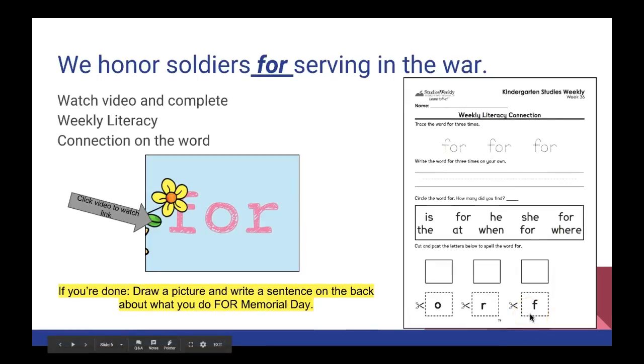Last on the front side, you're going to cut out the 3 squares, O, R, F, and put them in the correct order. If you are done, you can do an extra assignment on the back where you write me 1 sentence telling me what you do for Memorial Day and color a picture.